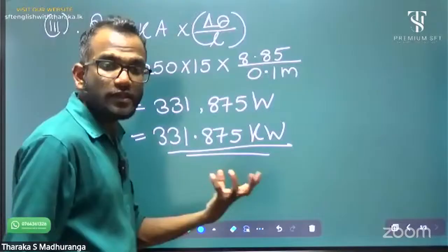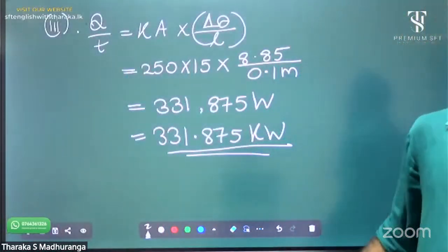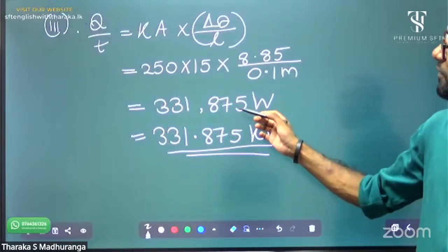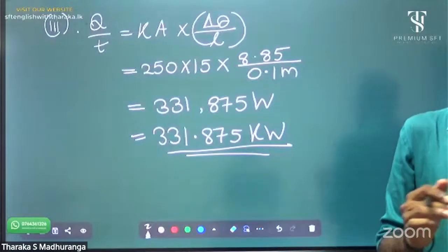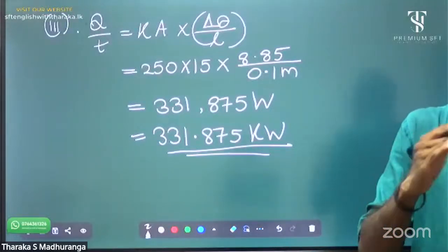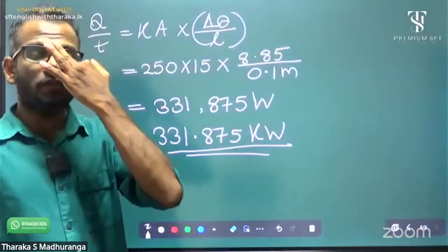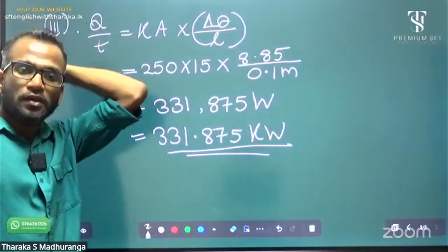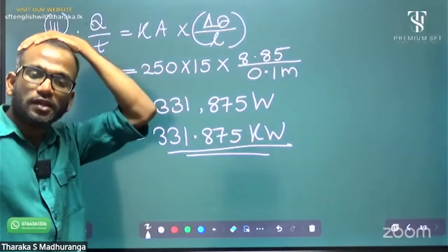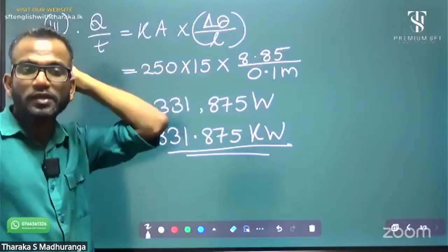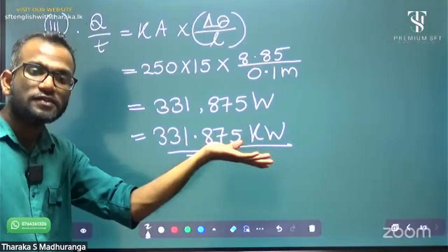Okay, within 1 second, 331,875 joules of heat energy flows through this cross section of the wall. Understood? If you want the thermal energy transfer within 1 minute, 1 hour or 1 day, multiply this value by time in seconds.